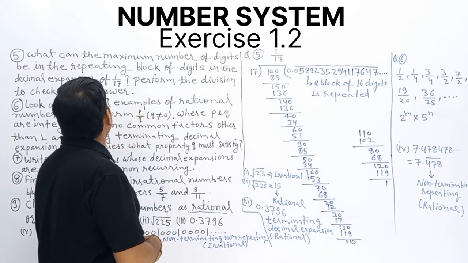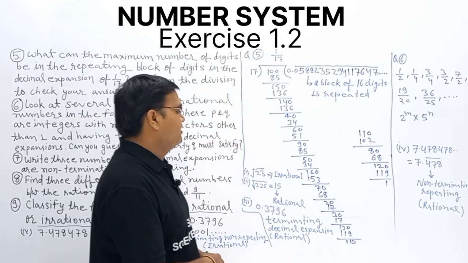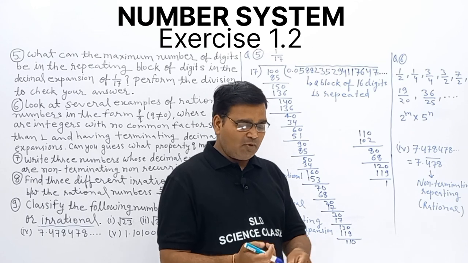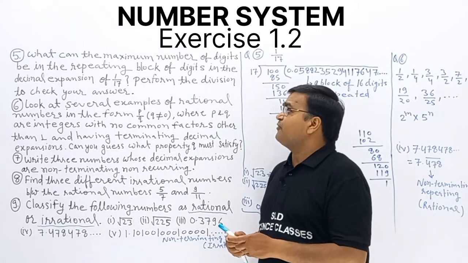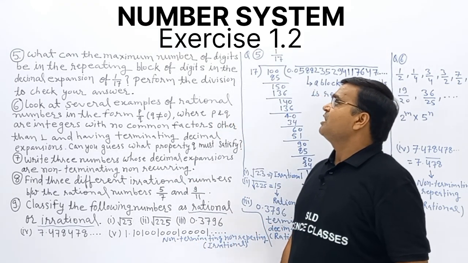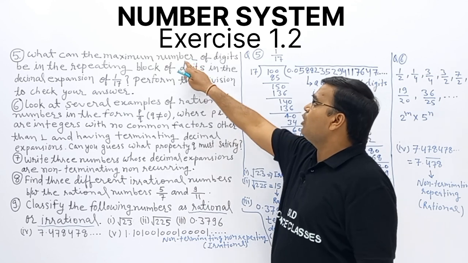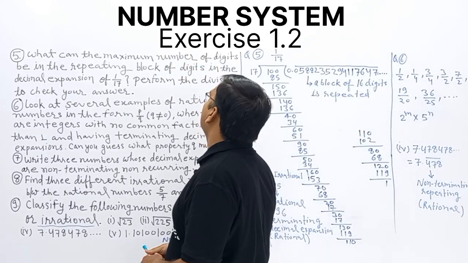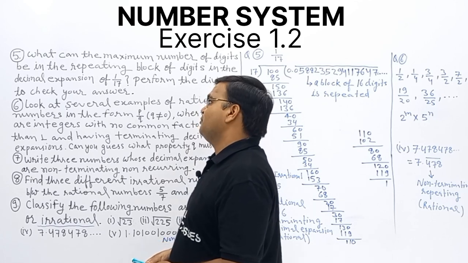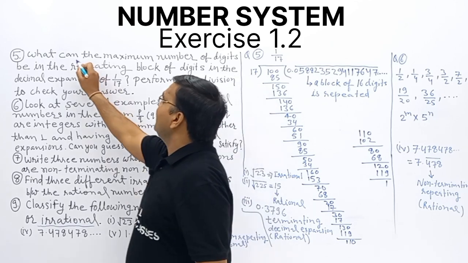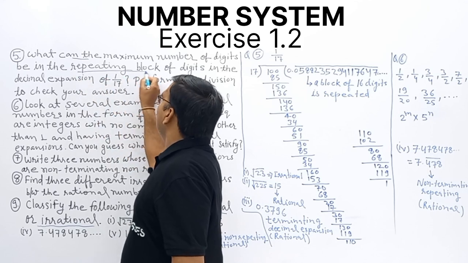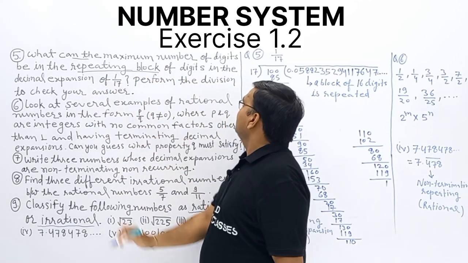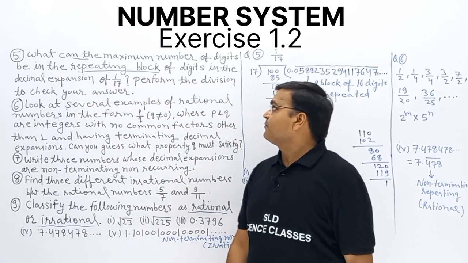Now I am taking question number 5. Observe, in question number 5: what can be the maximum number of digits in the repeating block of digits in the decimal expansion?